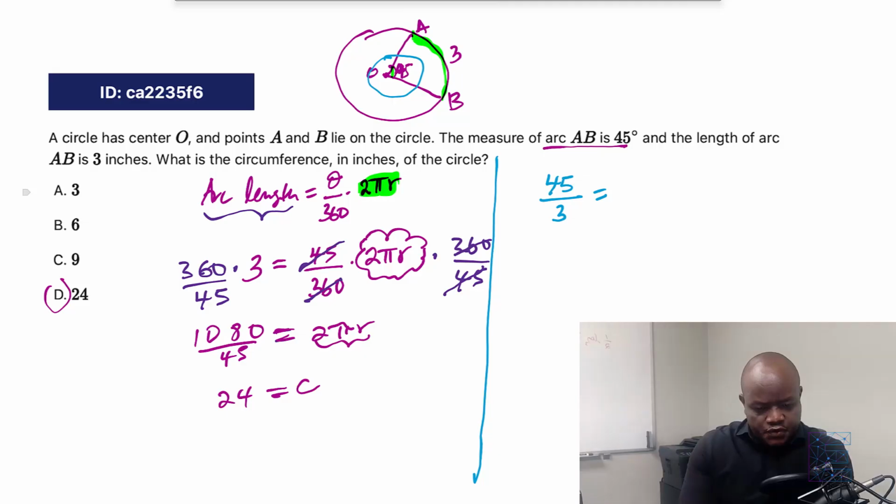I want to know the 360 degree section, which is the entire circle, would have a length of what? So again, when you have a proportion, you cross multiply. So we end up having 45x equals 1080, and you divide both sides by 45, and again, you get the same answer, x equals 24.